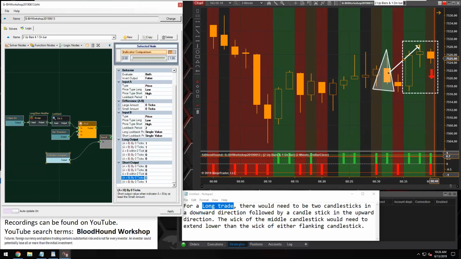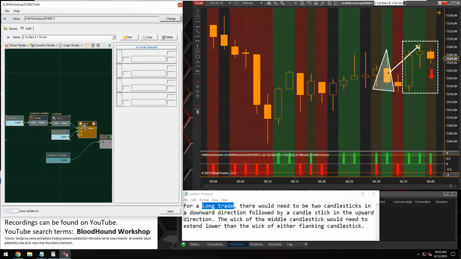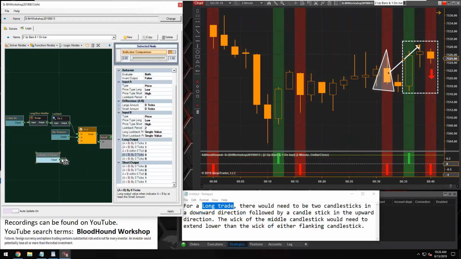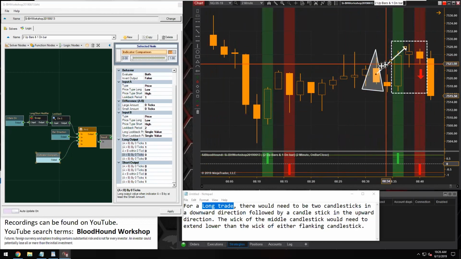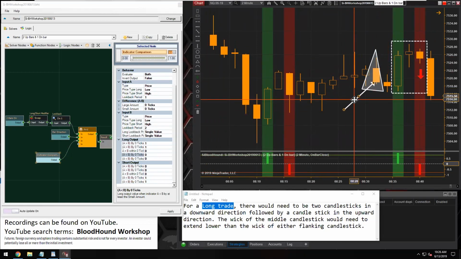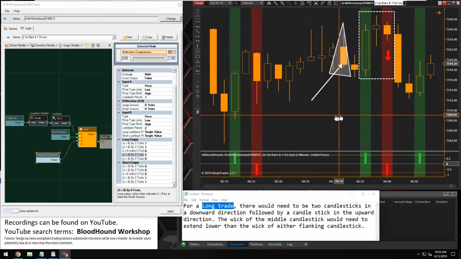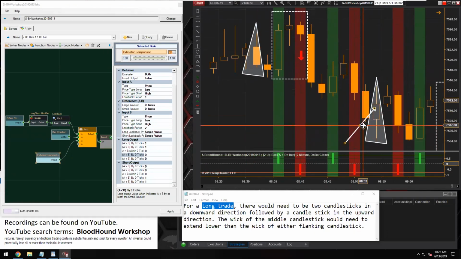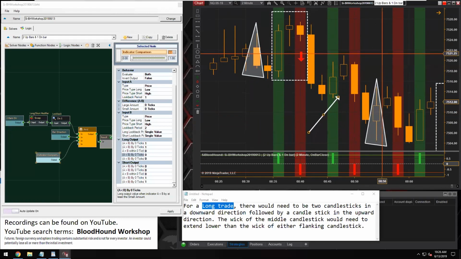We don't have to worry about the long outputs here, because the rest of our logic is filtering that all out. If we connect this in, we're starting to get some filtering. Already we got rid of this signal here. Let's see if we got rid of some more. Yep, we got rid of that signal as well.